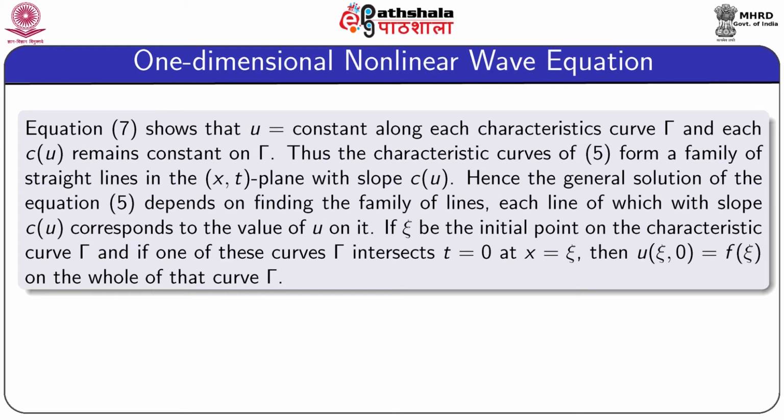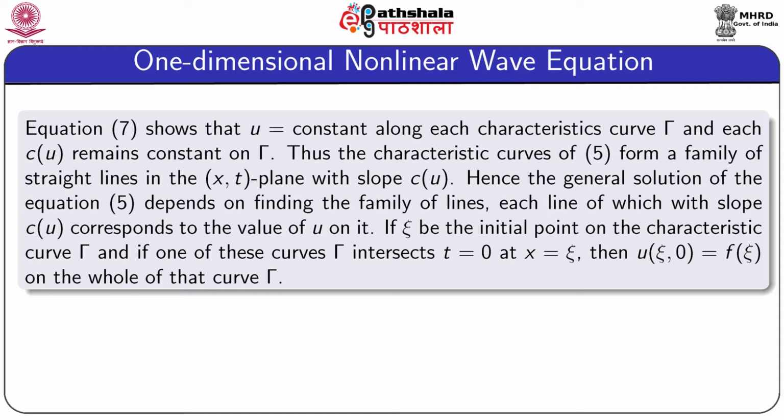Therefore, the characteristic curves of equation 5 form a family of straight lines in the xt plane with slope cu. The general solution of equation 5 depends on finding the family of lines, each line with slope cu corresponds to the value of u on it.